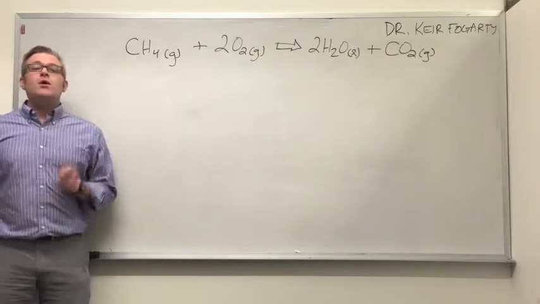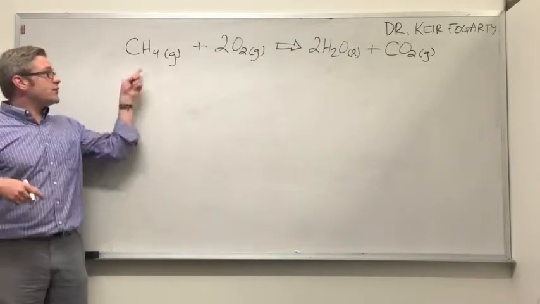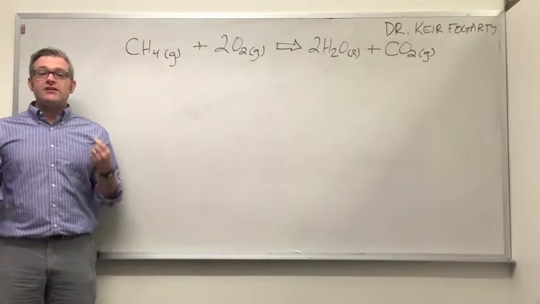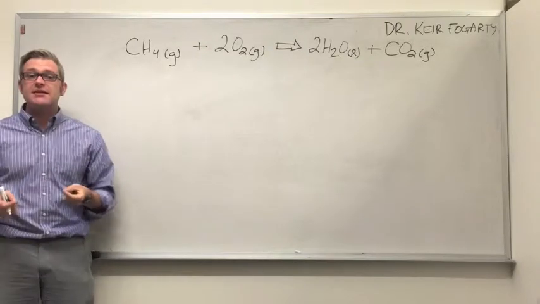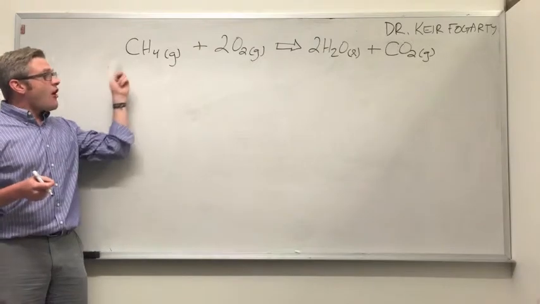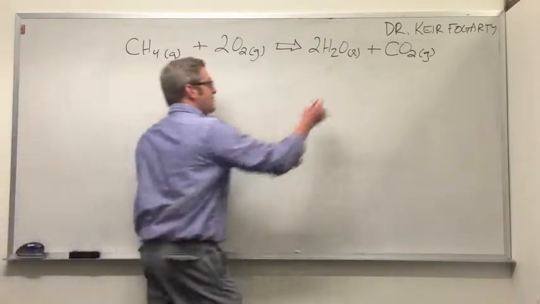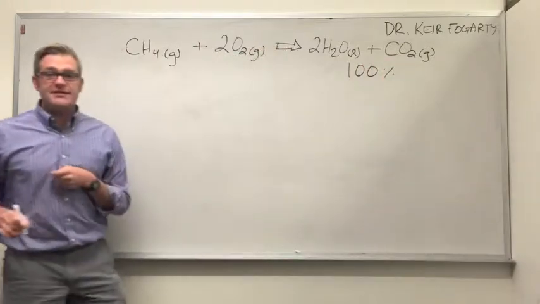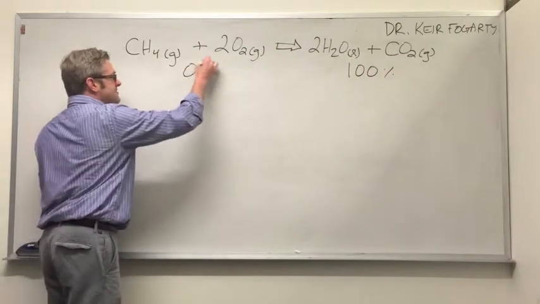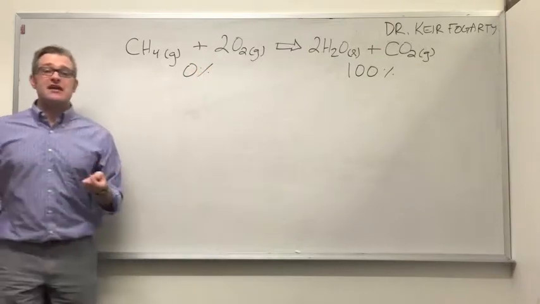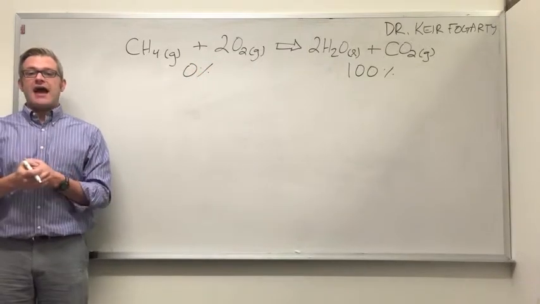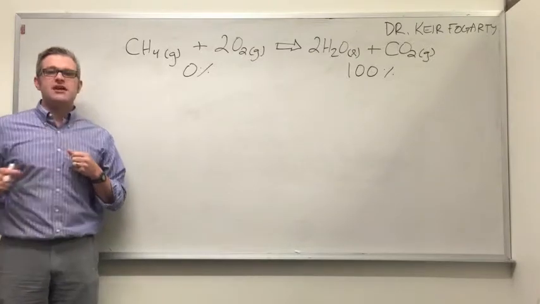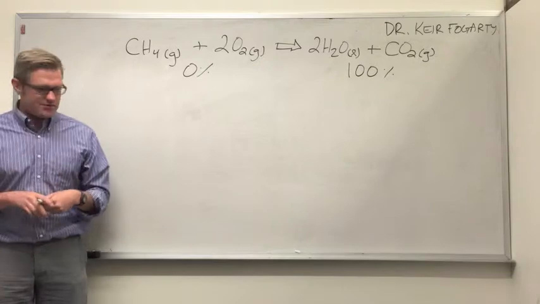Now, this is a one-way reaction because when we react methane and oxygen, all of the atoms involved in the reaction, if we have good mixing and everything else is nice, will end up as products. 100% of our stuff ends up as products, and 0% of our stuff sticks around as reactants, okay? This is a one-way street. You form 100% products from this reaction.